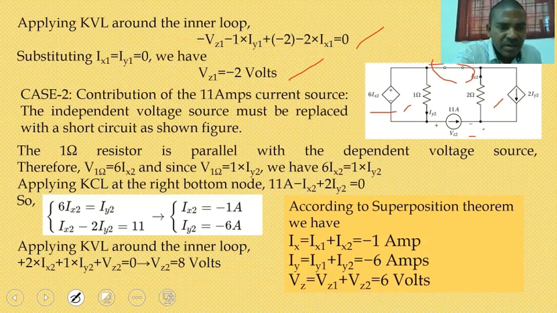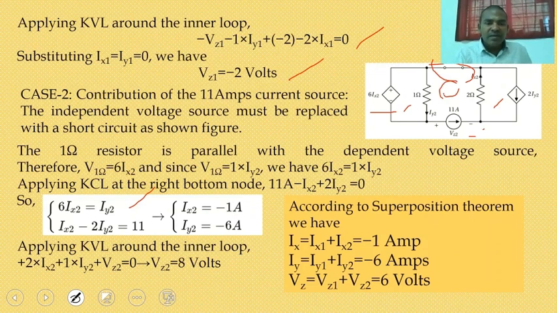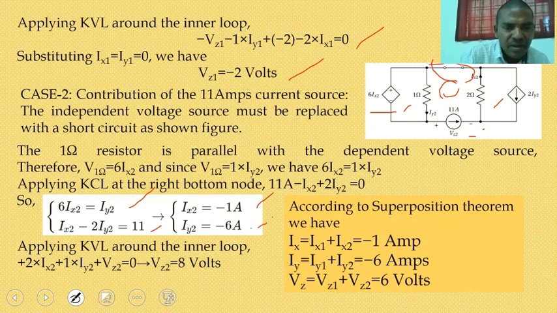Similarly for the second loop, Ix2 minus 2Iy2 is equal to 11. From these equations, you get the value Ix2 as 1 ampere and Iy2 as minus 6 amperes.